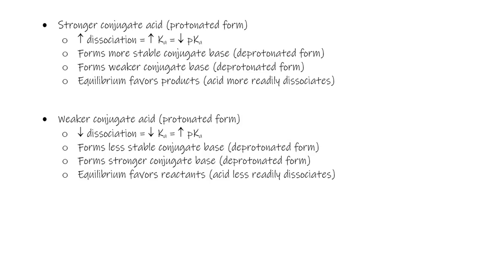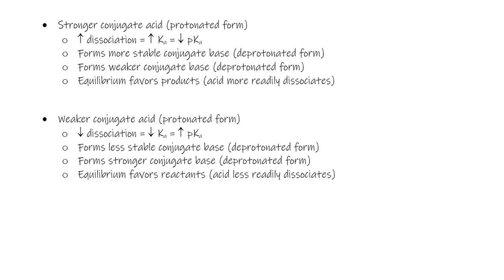So how does a stronger conjugate acid relate to its conjugate base? A stronger conjugate acid is more likely to dissociate, which means it's more likely to form products. If forming products is more likely, then this means its conjugate base product is more stable because it formed more readily.